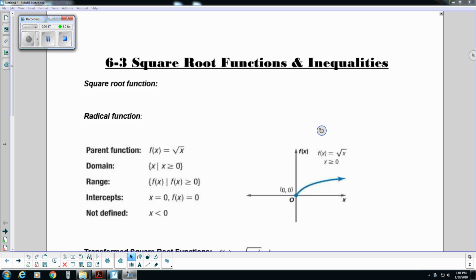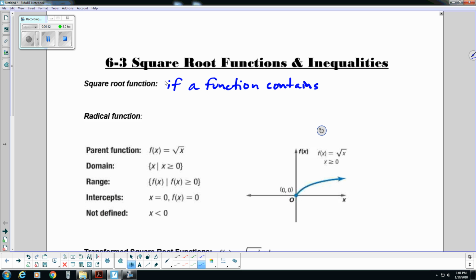What makes something a square root function is going to be our first definition. What makes something a square root function is simply if a function contains the square root of a variable.